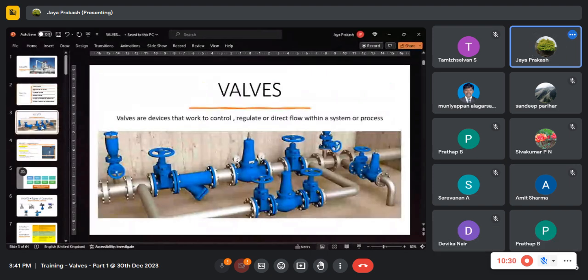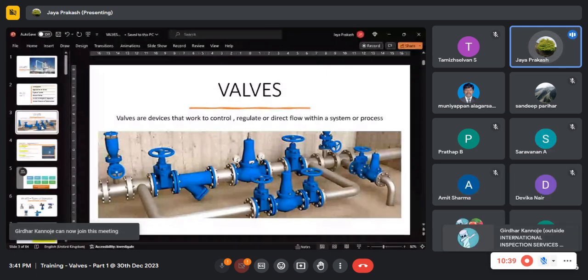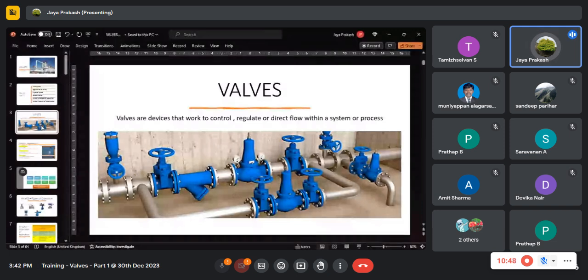So valves, as you know, we are very familiar with valves. It's not only industrial valves; even our running water tap is a type of valve, and we have so many types of valves in our day-to-day life.